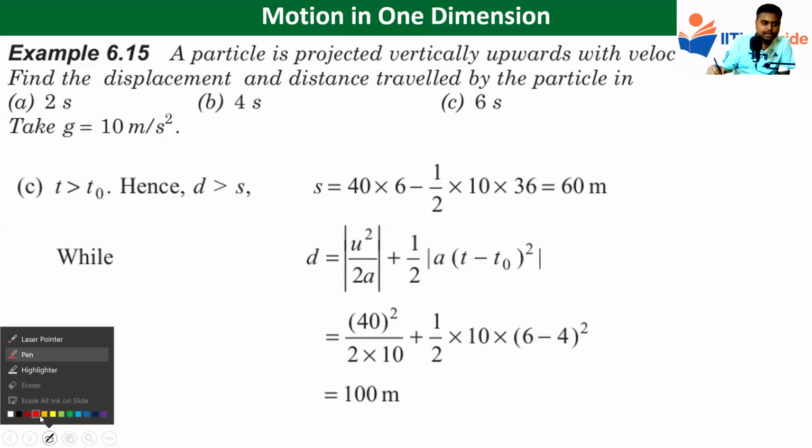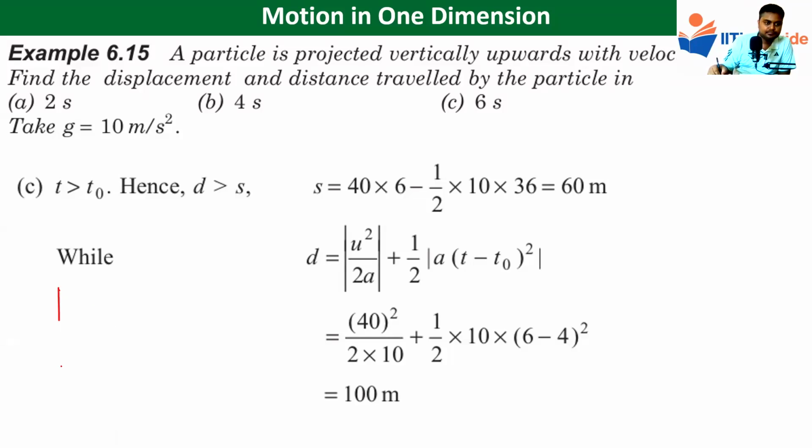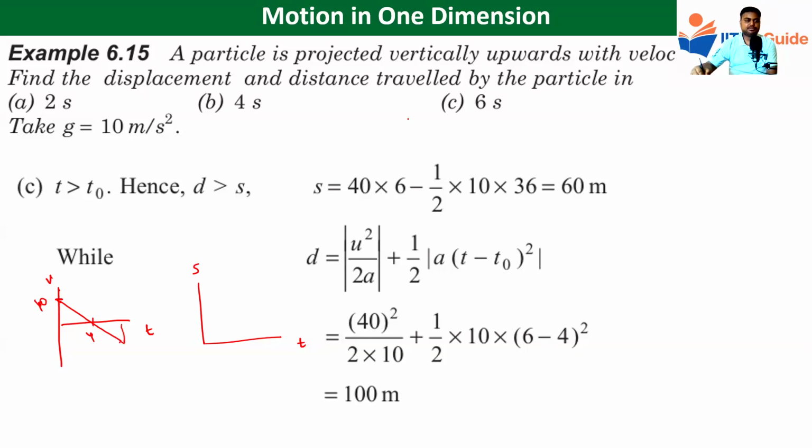Now, how this happens is, we can draw the velocity time graph and then find out the speed time graph. It was thrown with a velocity of 40 meters per second. Acceleration is 10. Therefore, in 4 seconds it will come here. So this was 40. Now this is the velocity time graph. The speed time graph will be like this.